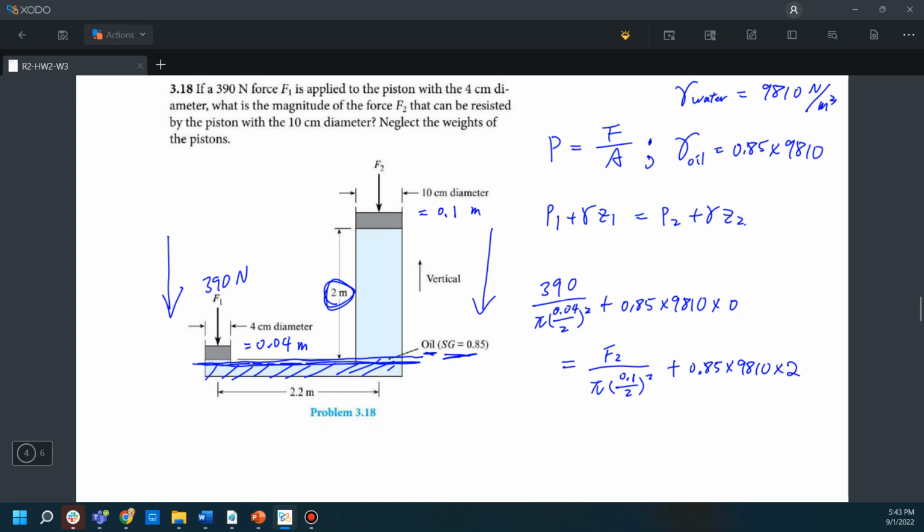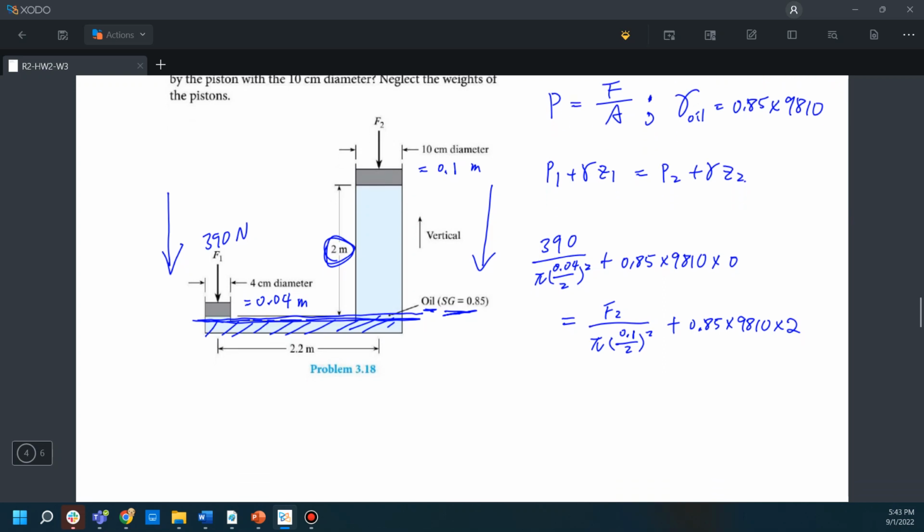Okay, so we have the equation with only one unknown, which is F2. So after you solve this equation, you should be able to get that F2 is equal to 2310 Newton.